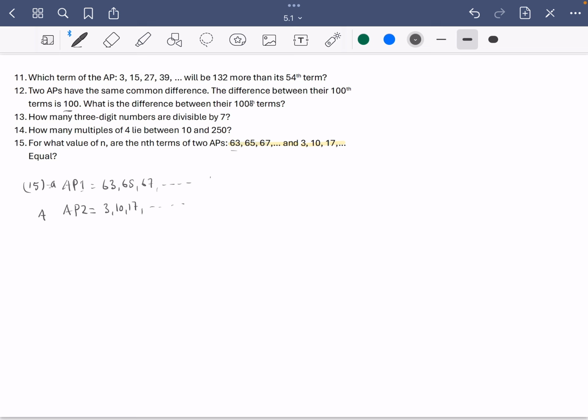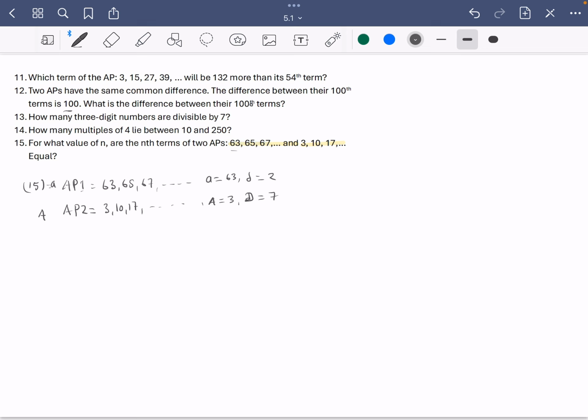So the a here is 63. The common difference is 65 minus 63, which is 2. A here is 3. The common difference here, let's say it's an uppercase T, is 10 minus 3, 7.